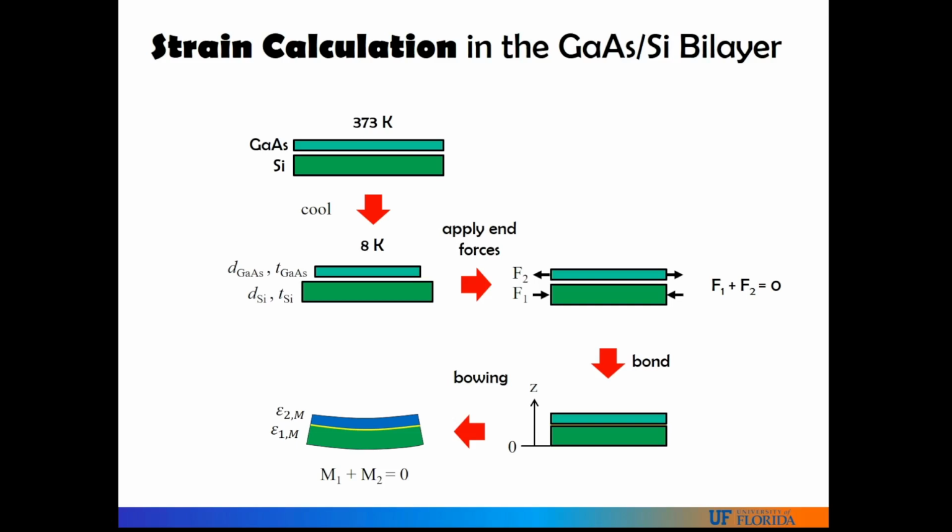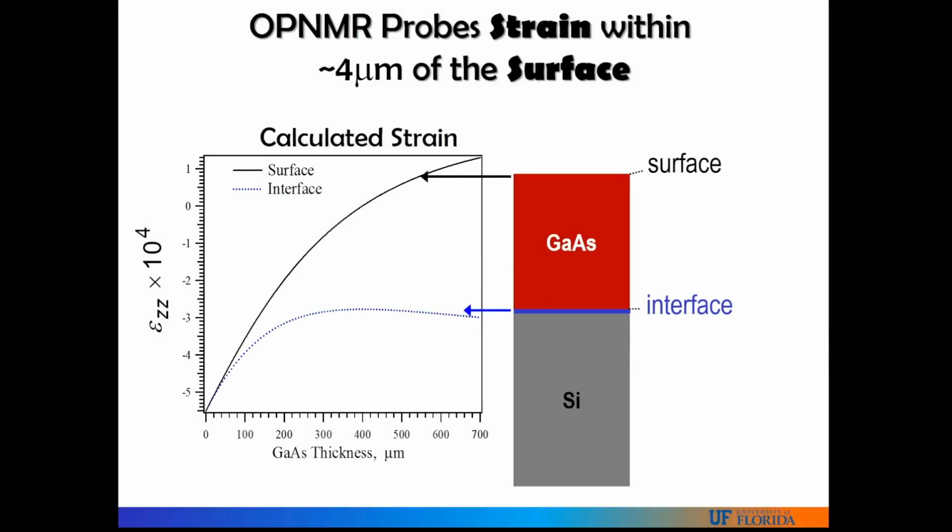So then you apply the end forces to bring them to the same thickness again. You bond them together, and then you allow the system to relax or bow. And there is an equation which we used, and you can calculate the strain at the interface.